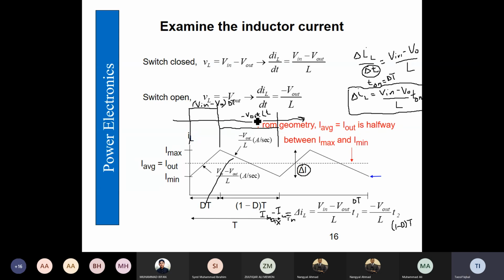Similarly, if we have duty cycle going to 0, then the discharging voltage would be V out times the duty cycle, because D is 0, then the overall voltage is going to be minus V out multiplied by T.